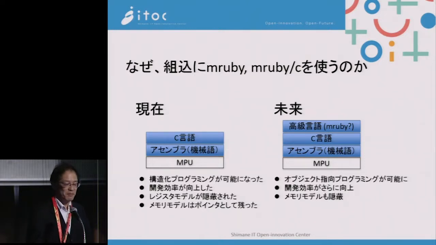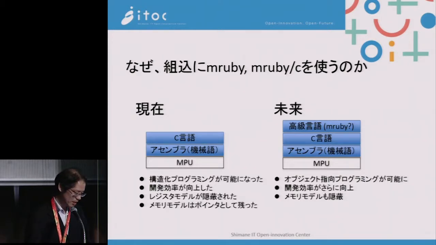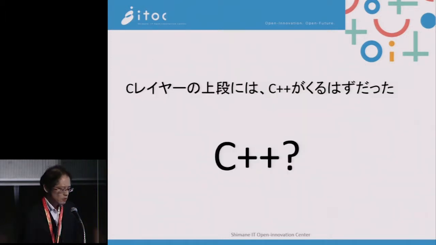So mruby and mruby/C should be promoted, because these are object-oriented languages, which would enable object-oriented programming, and which will further improve the development efficiency, and the memory model can be hidden. And this is a programmer-friendly environment that we can establish. This is the future stage that we would like to achieve.